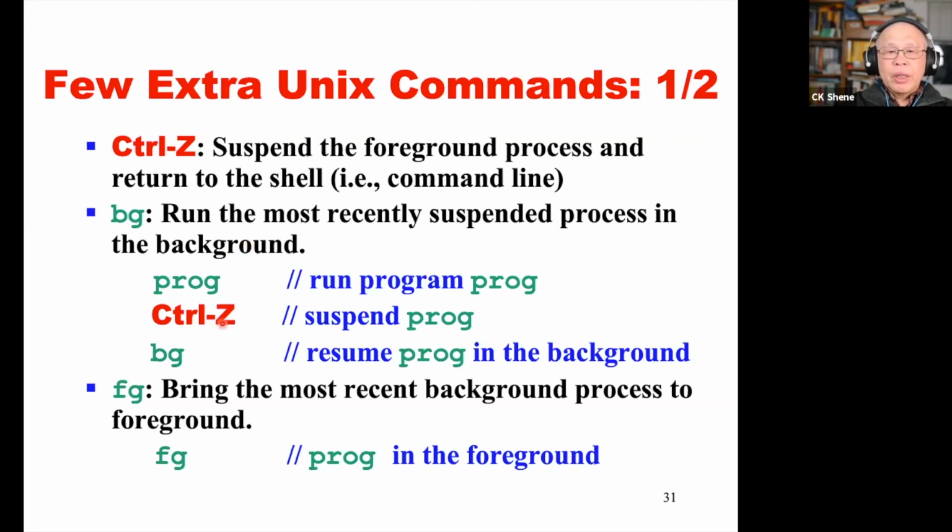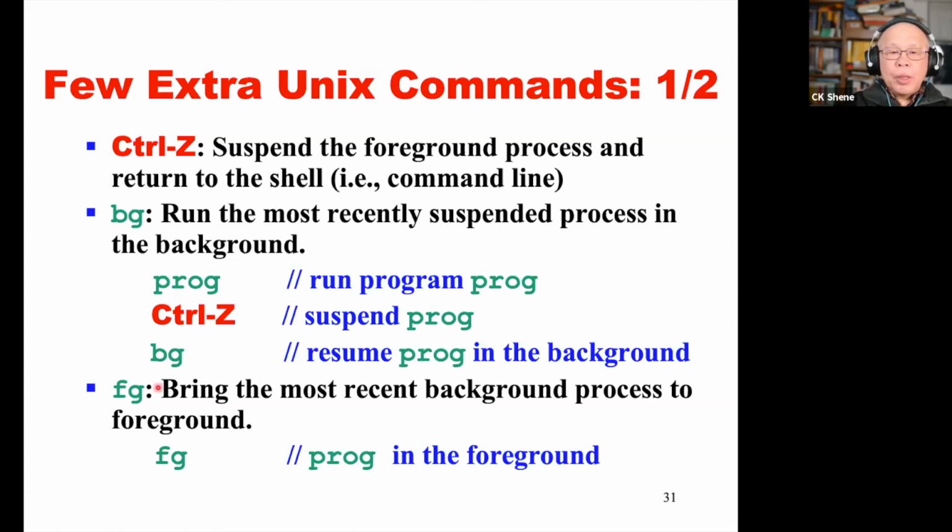So here's a sequence of commands. I run my program prog, and then type Ctrl-Z. Prog is suspended, not running, followed by BG. Then the just suspended program prog would resume its execution in the background.